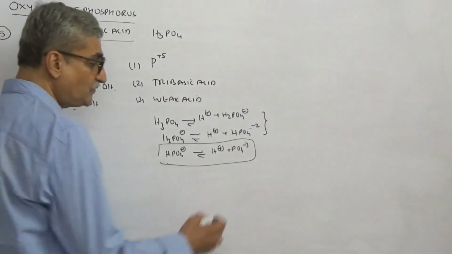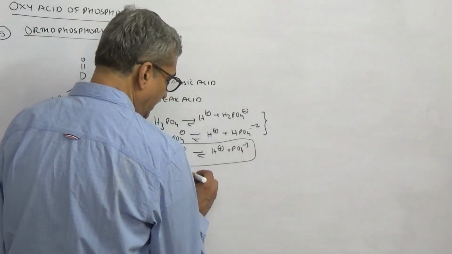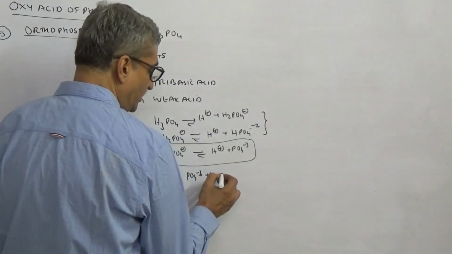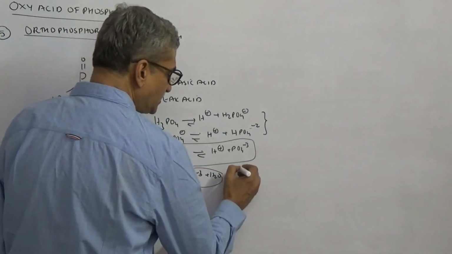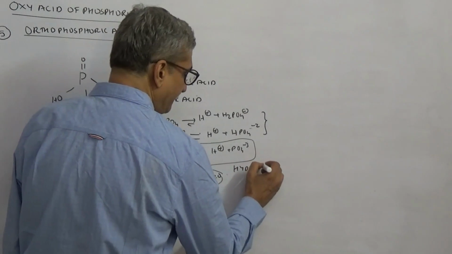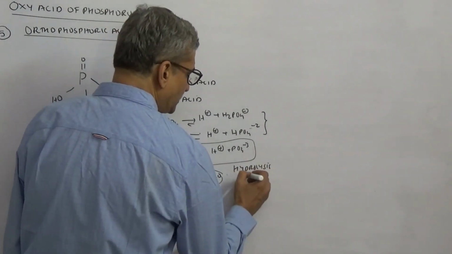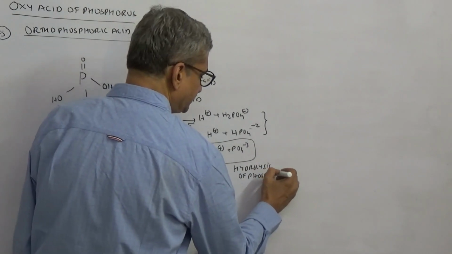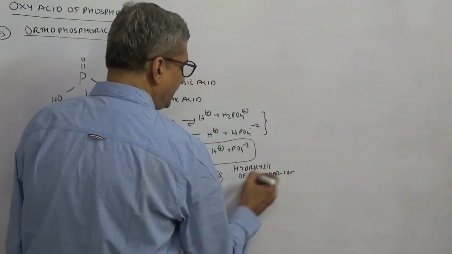The reason is that phosphate itself undergoes hydrolysis to form metaphosphoric acid. So hydrolysis of the phosphate ion is a hindrance.